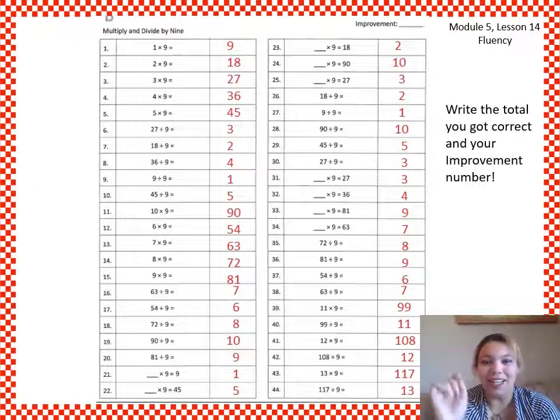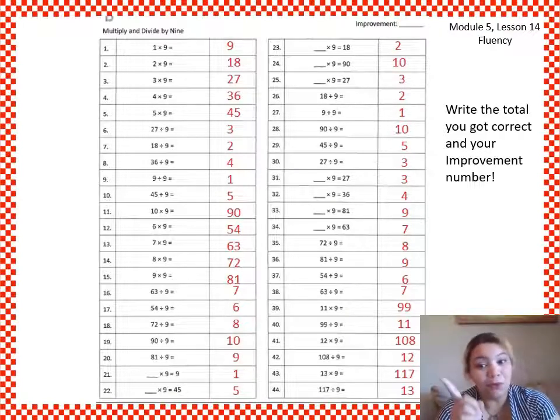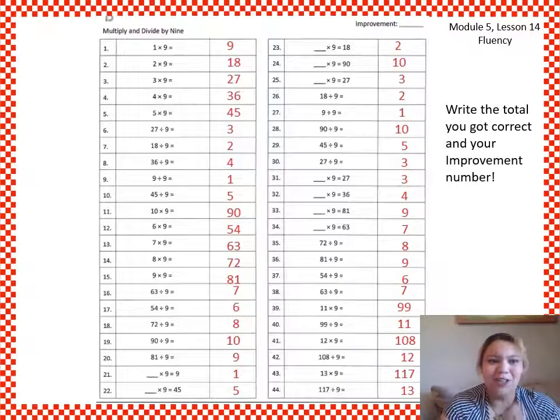All right, count the total number that you got correct this time, and then find your improvement number. How much faster did you get this time around? I love the improvement number because it shows that we can get better even within 2 or 3 minutes. That's awesome. All right, let's keep going.